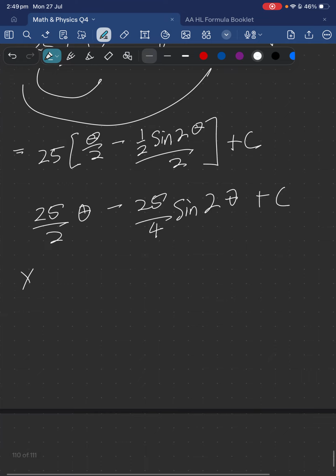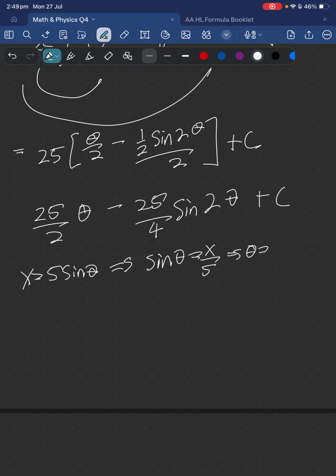So let's just write that down. x is equal to 5 sine theta. Okay, and I'm really sorry if this will take a lot of your time to watch, but it's important. So solving for theta, we get theta is arc sine of x divided by 5, yeah?